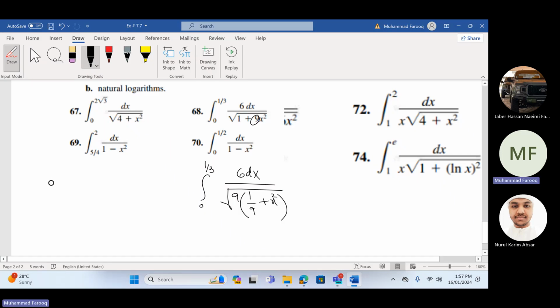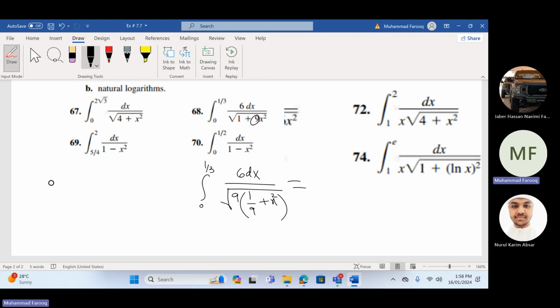Now, what is the square root of 9? Here we took 9 as a factor because we have to make the coefficient of x squared 1. So it's 3 going out, the square root of 9 is 3.